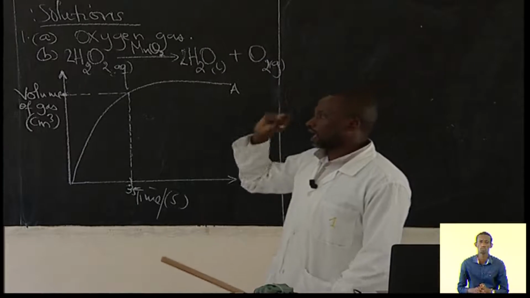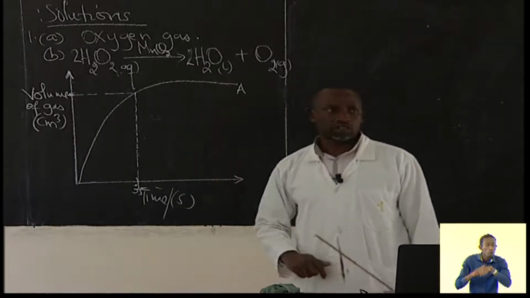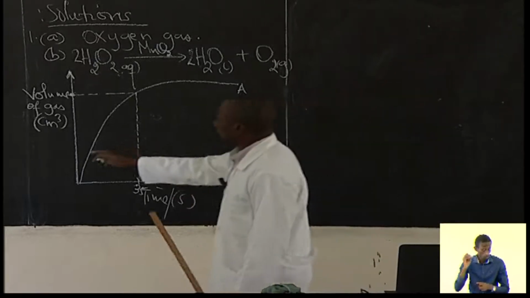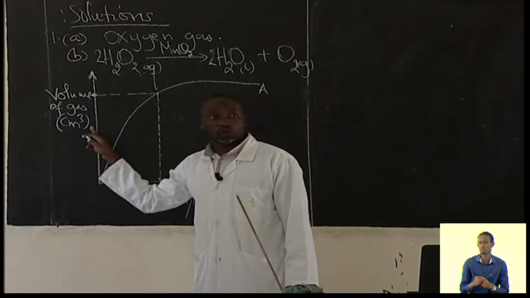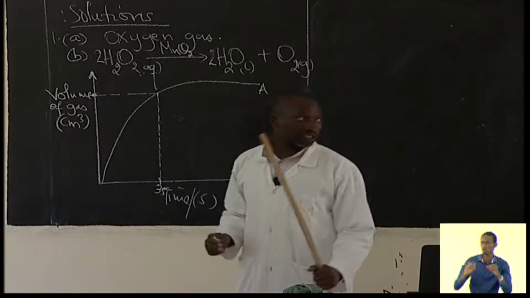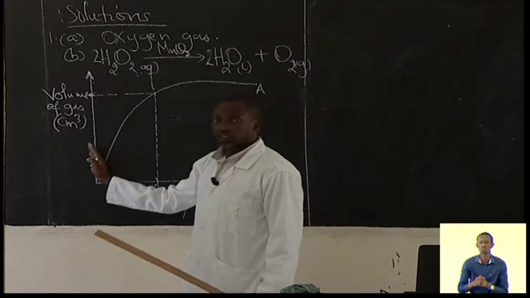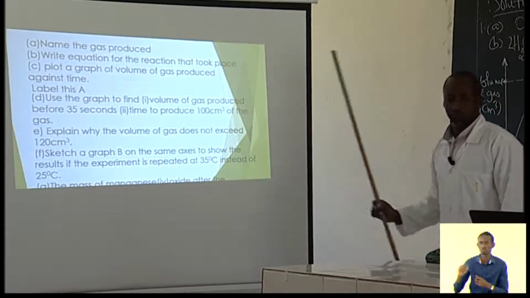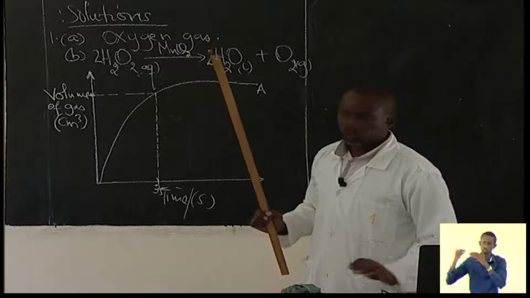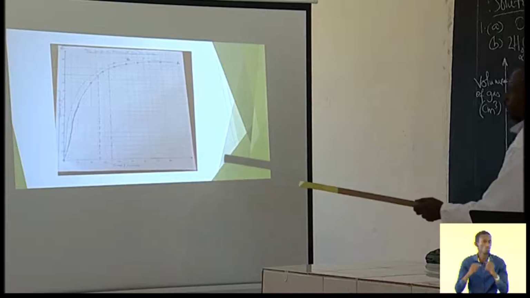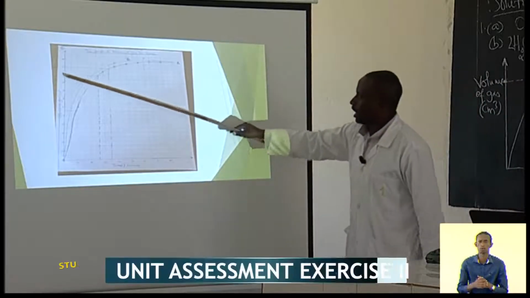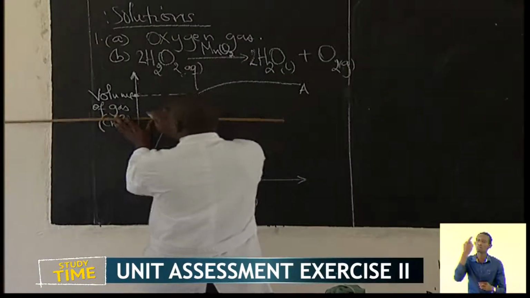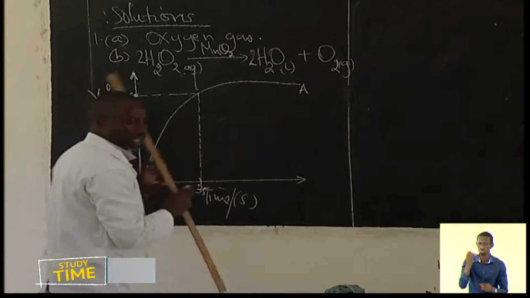Time to produce 100 cubic centimeters of the gas. So you have to go to the y-axis, where there is the volume of the gas produced. Now you look for that 100 cubic centimeters. If this is 100, that is an example I'm just using.